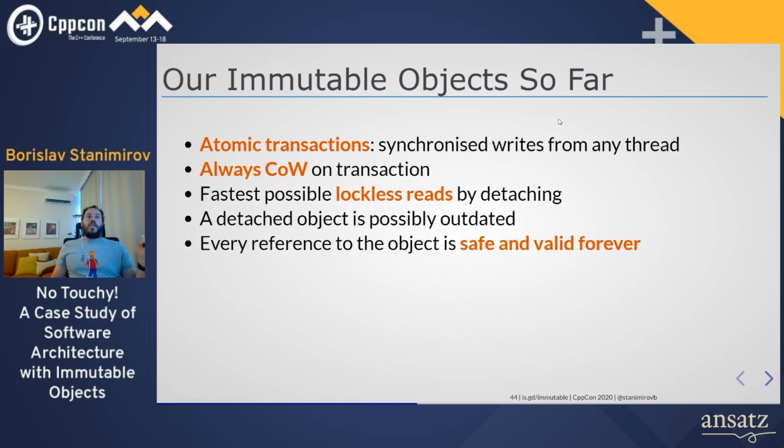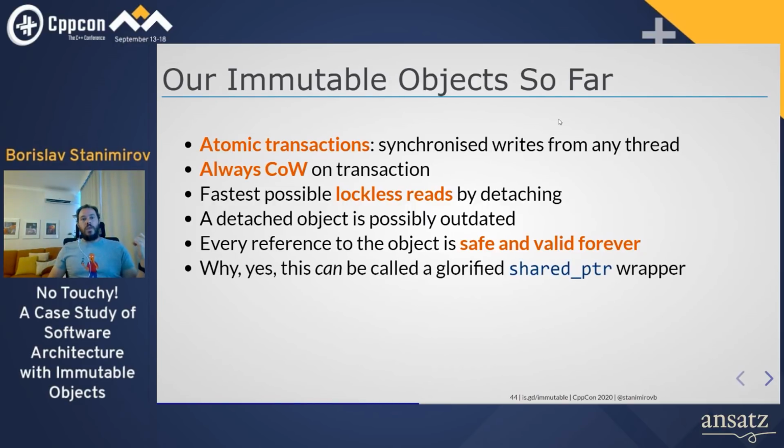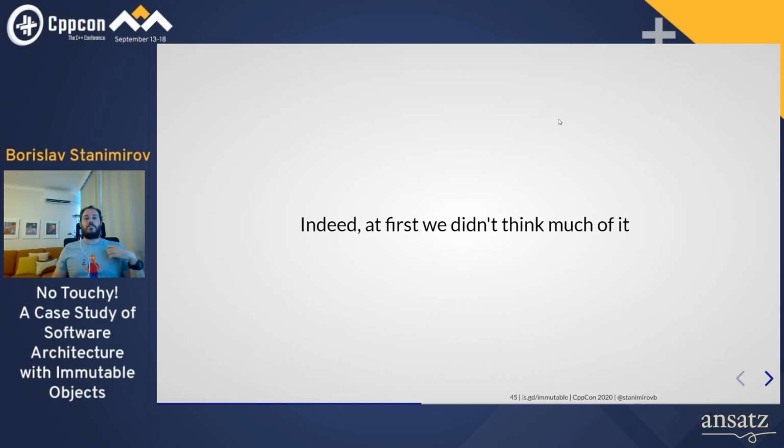You cannot rely on it being the current state of affairs. But every reference to a detached object is safe and valid and immutable forever. What we did can be called a glorified shared pointer wrapper, but as we'll see, it leads us to a different way of thinking.